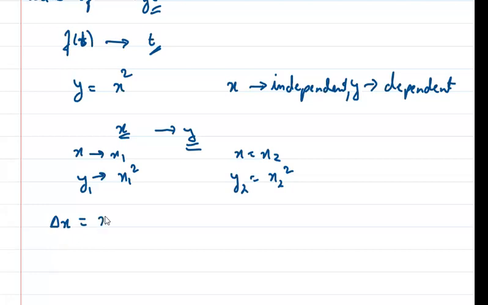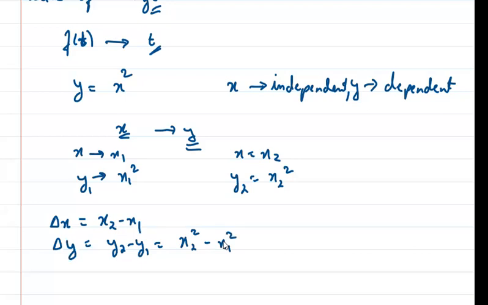So change in x is x2 minus x1. Very good, Abhay. Very good. What is change in y, guys? Y2 minus y1. Very good. Which is basically x2 square minus x1 square. Yes or no?